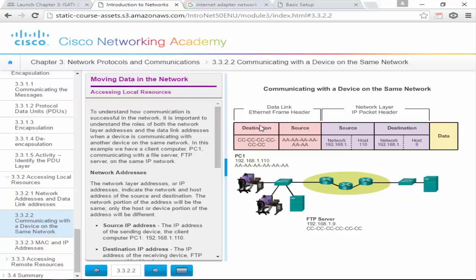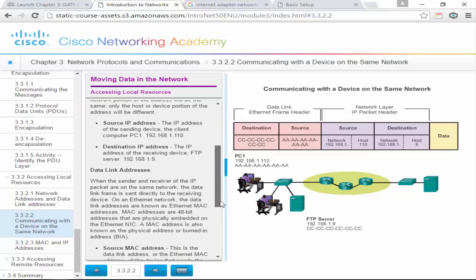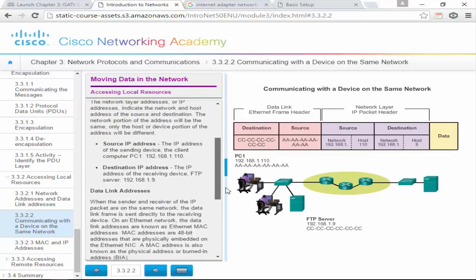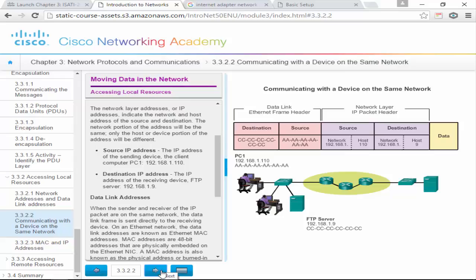So it's going to send anything with the IP address of 9 to CCCCCCC, and it's sending it from AAA. As it sends it across, it makes it there, and if this FTP server were to send it back, these would all be inversed, including the port numbers that you can't see right now. Anyways, read through that if I didn't explain that well enough. We'll keep hitting that too.